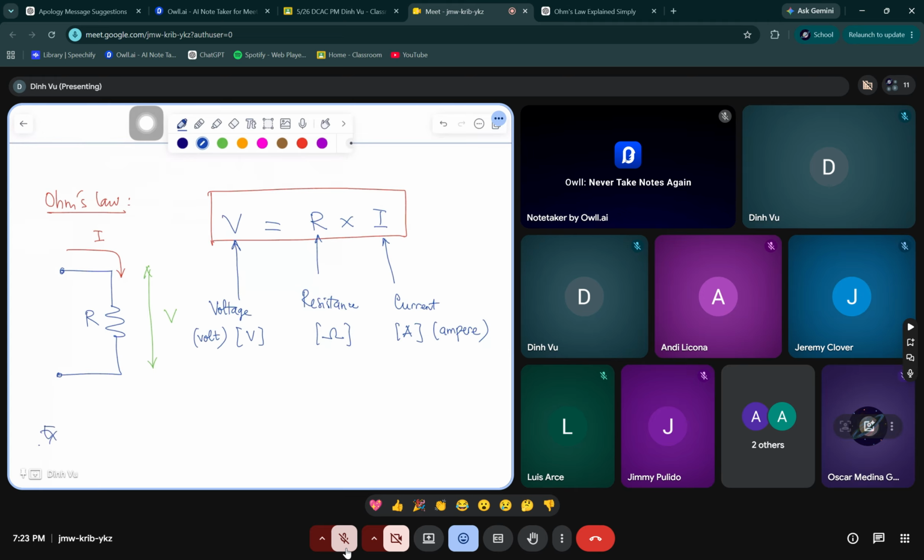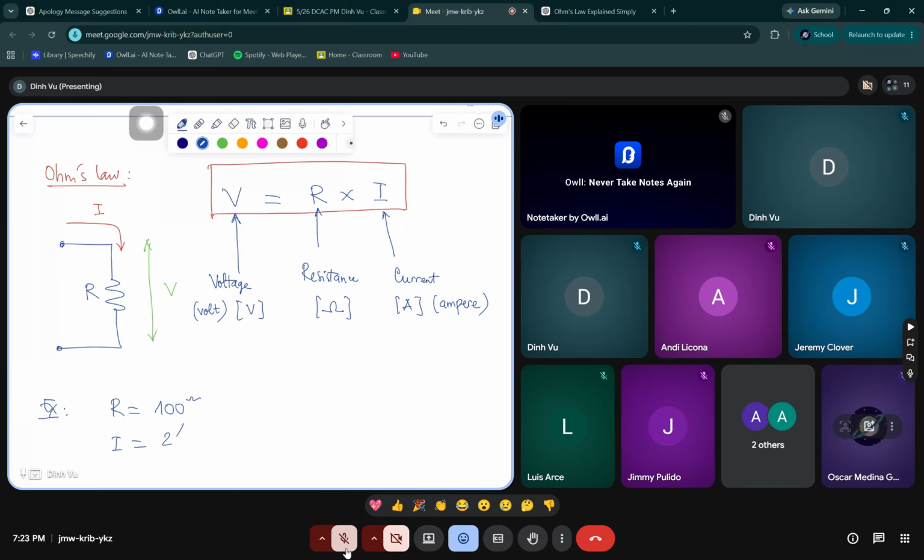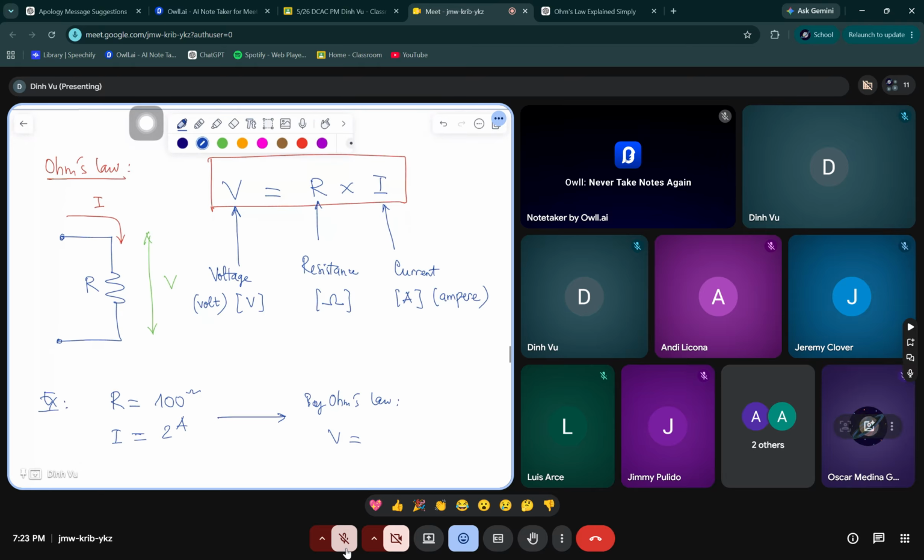Now, example. If we have the resistance R of 100 ohms, the current I is 2 ampere. So by Ohm's law, what is the voltage V? 200 volts.